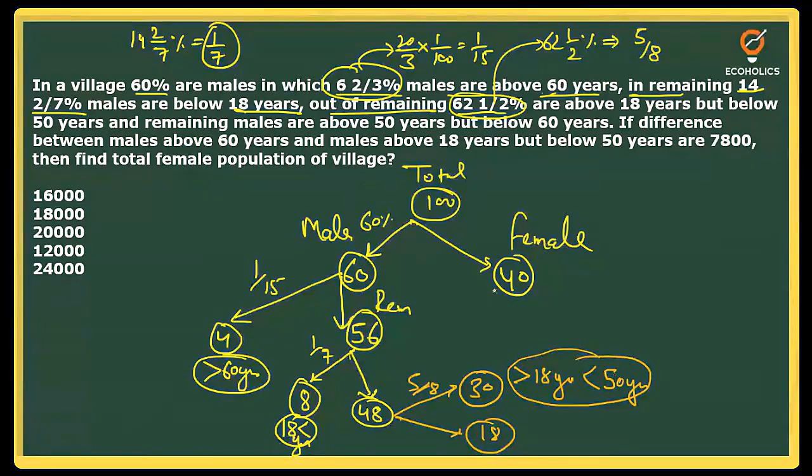And remaining are above 50 years but below 60. So remaining means these 18, greater than 50 but less than 60. So this is the distribution here.